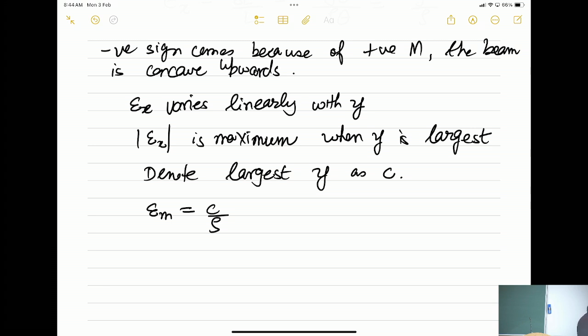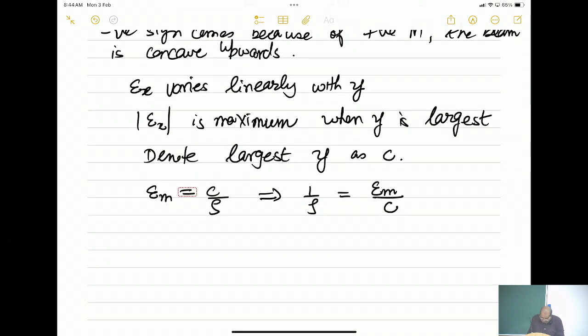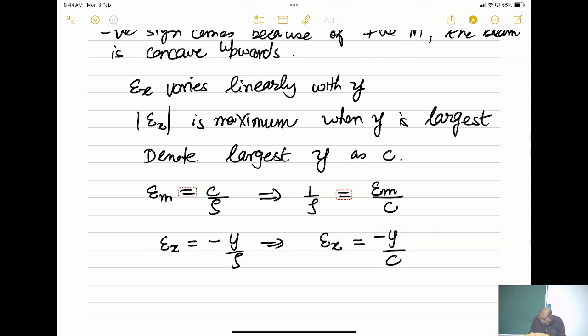So epsilon maximum is equal to C upon rho, and this gives us the relation that 1 upon rho is equal to epsilon m upon C. Now, epsilon x, we showed this was minus Y upon rho. So this implies epsilon x is equal to minus Y upon C times epsilon m.